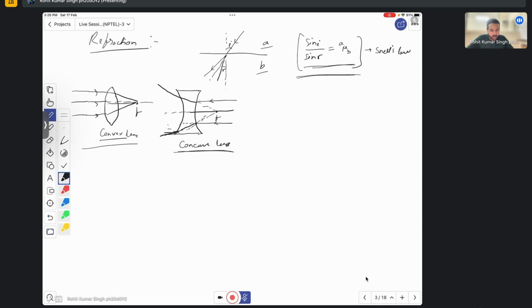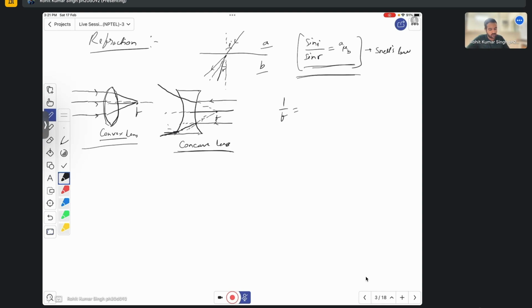And there is a formula which relates the focus, the radius of curvature. You see there are two radii of curvature because there are two curved parts here, this side and this side. So the radius of curvature and the refractive index of the lens. So the formula is like this.